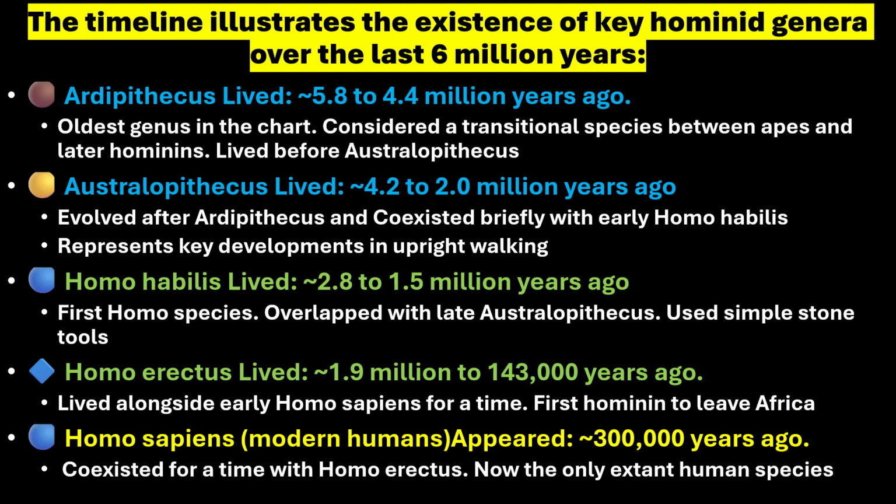They started the out of Africa migration. And then we have Homo sapiens. Modern humans appeared around 20,000 years ago. They coexisted for a time with Homo erectus until Homo erectus became extinct. Now, the only extant, meaning the only living human species, are the Homo sapiens.